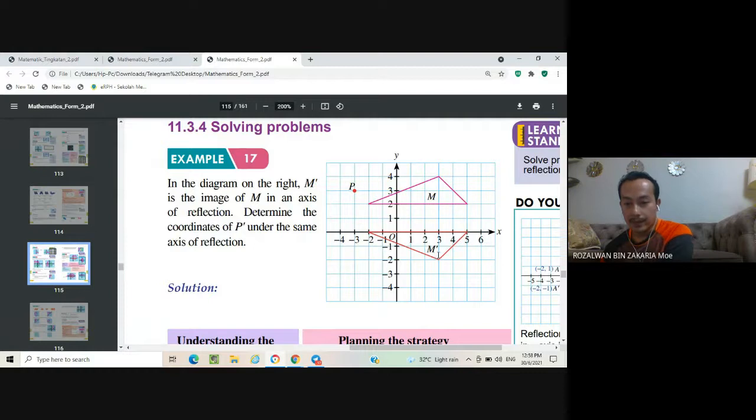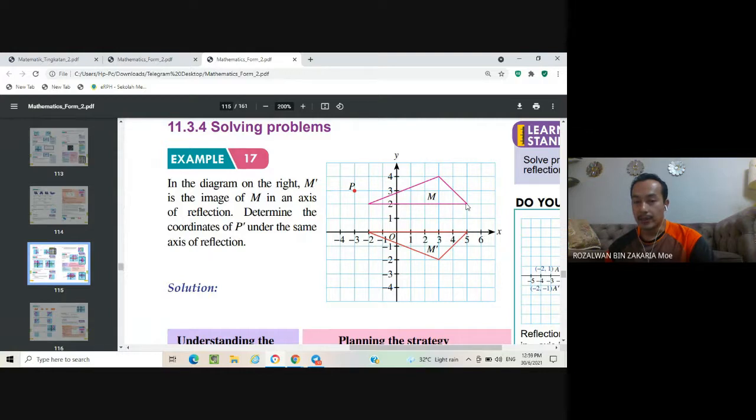First of all, look at this point, or this vertex of the triangle. This is one point of the object M, and the image of this point is actually here.